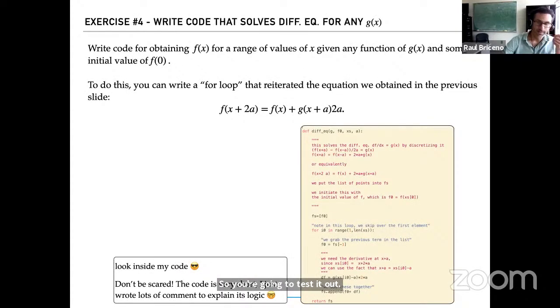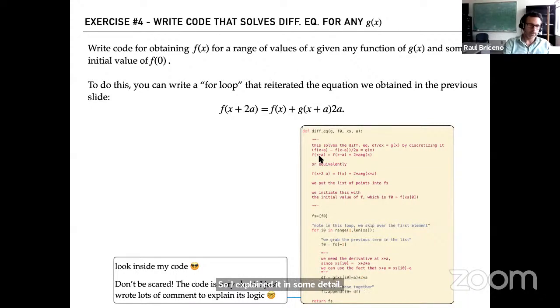So the simplest way you can do this is to write a code for obtaining f for a range of values of x given some known function g, and some original value for f. And so basically it's just applying this iterative procedure within a for loop. All right. And so here's my code for doing just this. So I explain it in some detail.